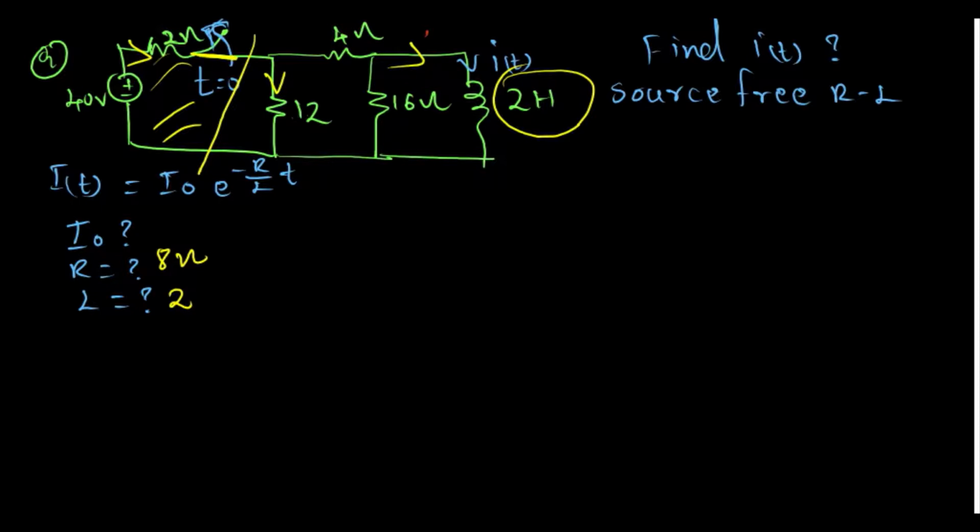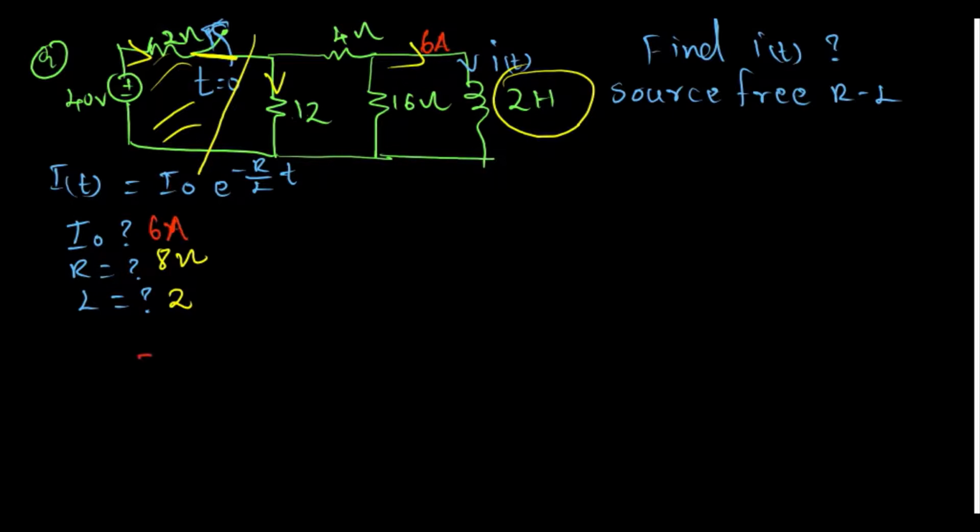When we solve these currents, we come to a conclusion: I naught is equal to 6 amps, the current through this inductor.